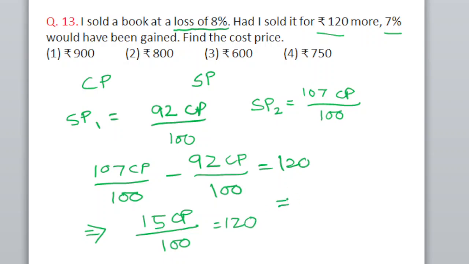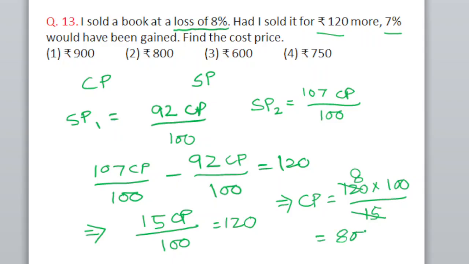So this implies CP is equal to 120 into 100 divided by 15. So 15 8s are 120, then that is equal to 800. That means here option 2 is the right answer.